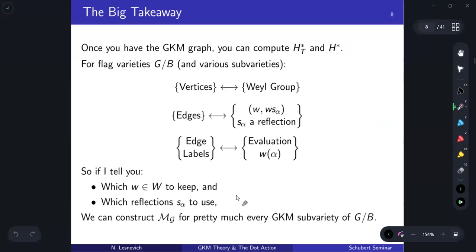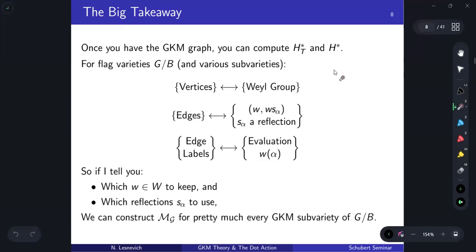Now, this is a Schubert seminar, right? So we talk a little bit about flag varieties. And really what I want to pull away from this sort of introduction is that once you have your GKM graph, you can go off to the races. You can compute equivariant and ordinary cohomology.